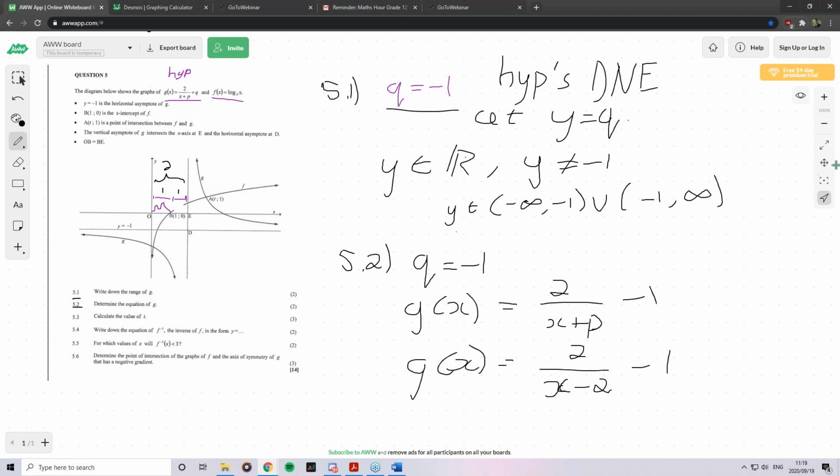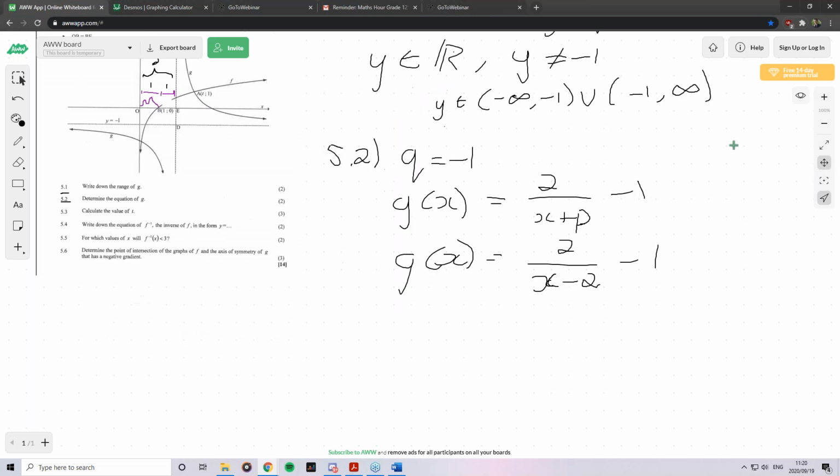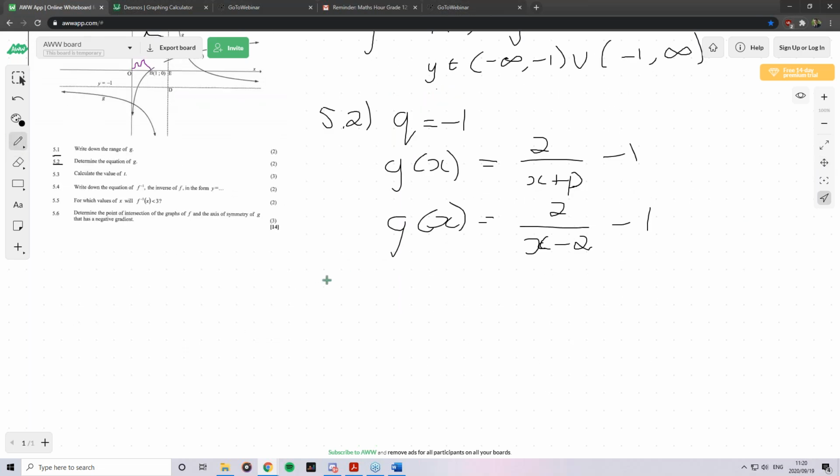Now, something I do not like about the mathematics department is that we've standardized that g(x) is a over x minus p plus q. But then in the question, they say x plus p plus q. If you remember from last week's lecture, we said that a hyperbola is f(x) is equal to a over x minus p plus q.